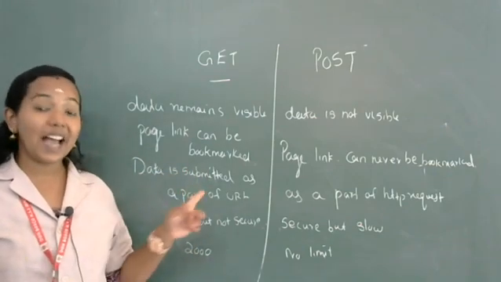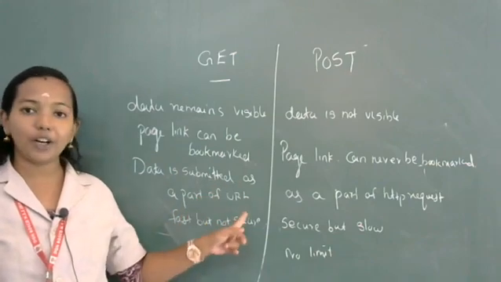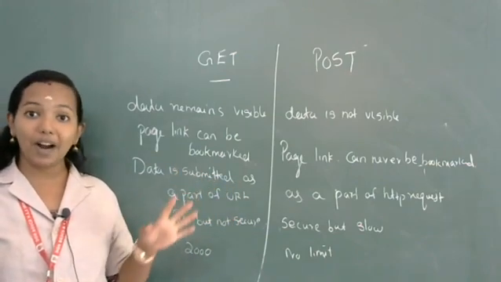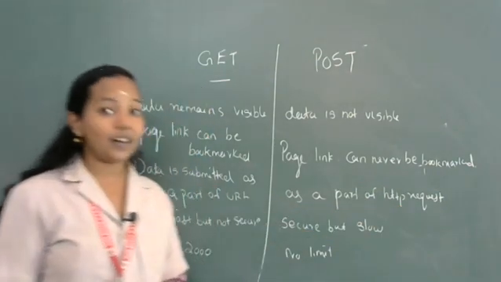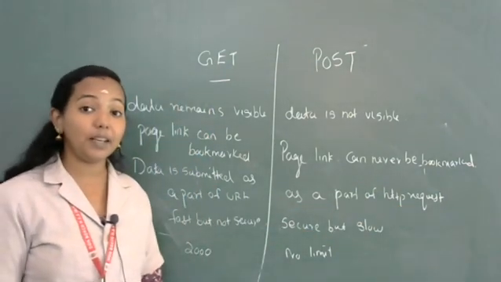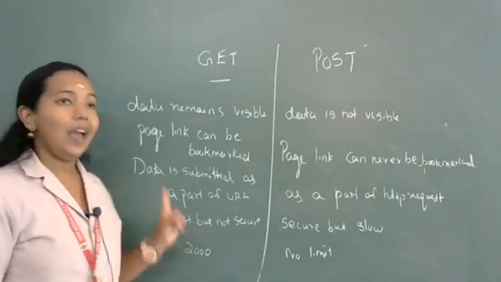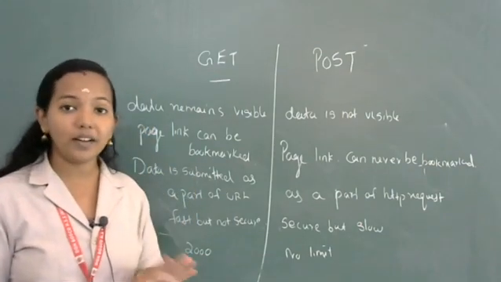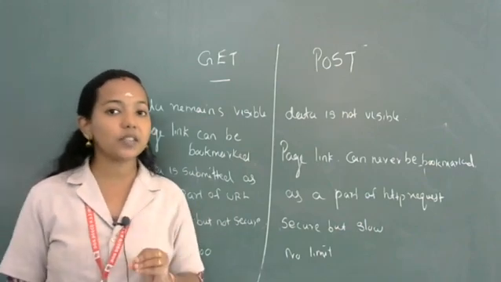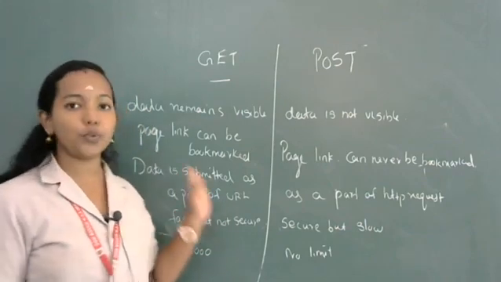Third one, in get method data is submitted as a part of URL, but in post method it is a part of the HTTP request. Actually get method is fast, but it is not secure. If you are sending username and password, you don't want to choose get method.